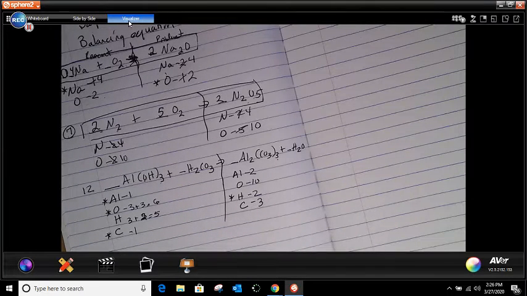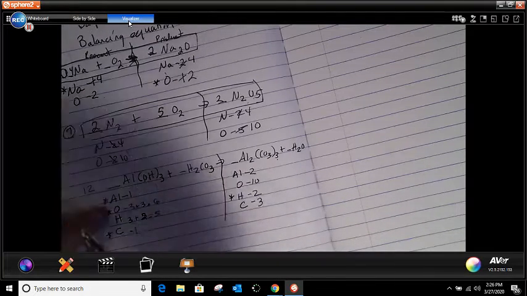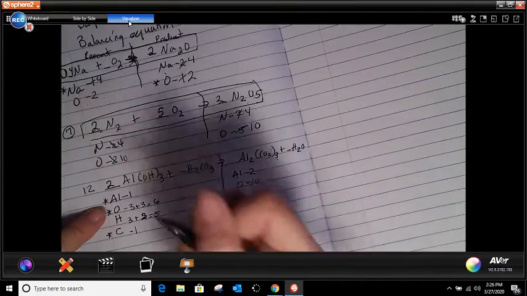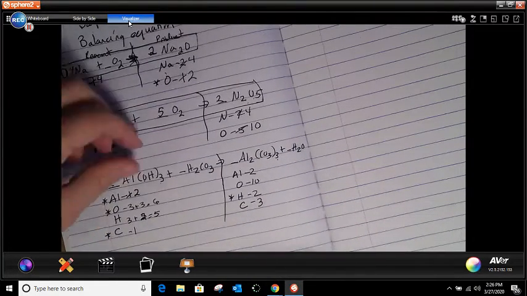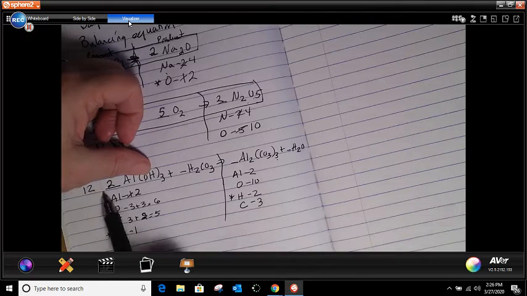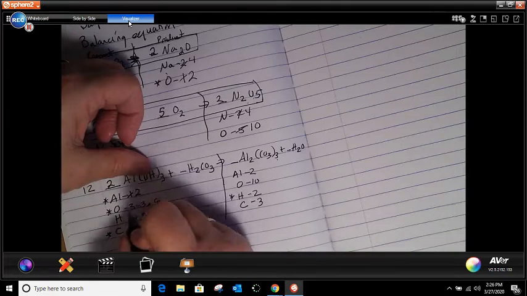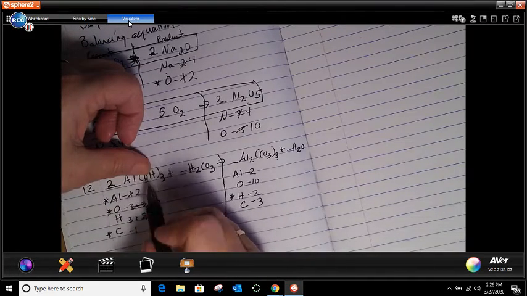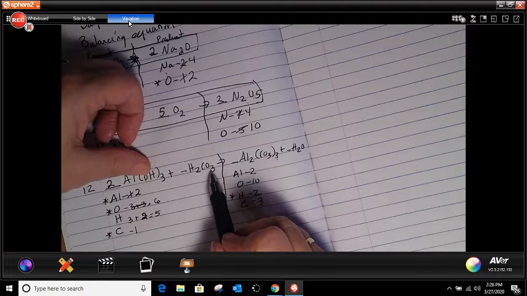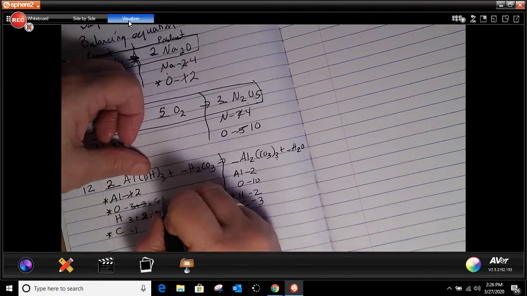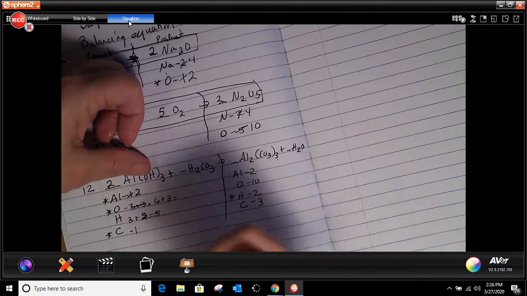So the first thing I'm going to do is, all right, let's see. Let me change the Al first, okay? If I put a 2 in front of Al, that changes that to a 2. Oxygen, 2 times 3 is now 6, right? 3 times 2 is 6, plus 3. 6, 7, 8, 9.